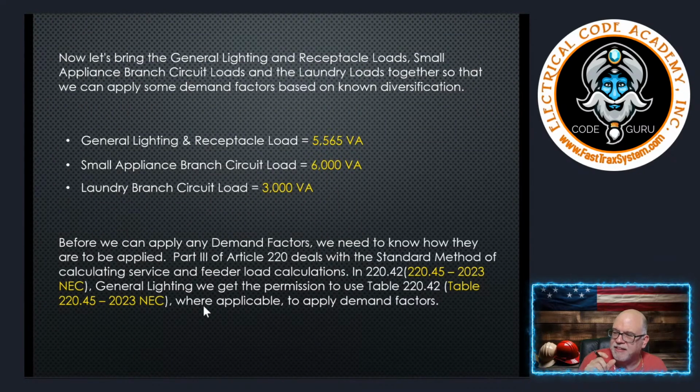Even though the table, 220.45 under the 2023 NEC, just says general lighting, you know that the general use receptacles, 20 amps or less, are included, because we saw earlier when we looked at the code that it specifically said that was included in 220.41. So we know that's included, and that's where we're at. Now we're going to have to apply those things.